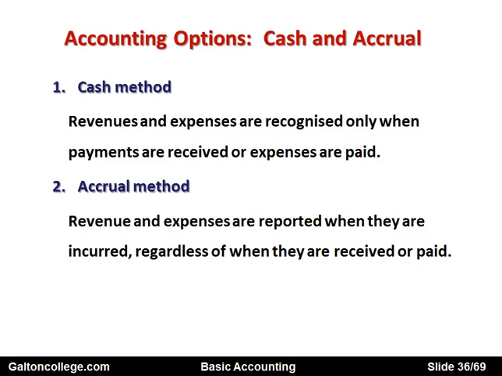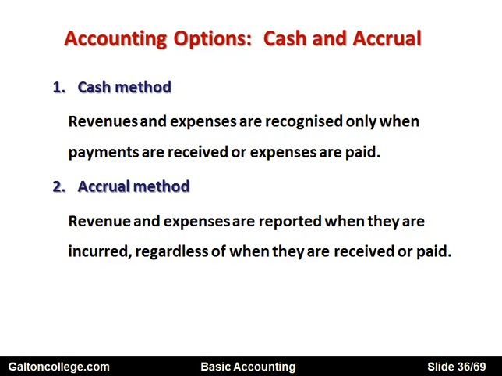So the accrual method is in contrast to the cash method. The cash method is as soon as money arrives or money leaves, the accounts are adjusted. The accrual method, as soon as we have an obligation to pay, we have bought something, we still haven't paid for it, perhaps we bought it on credit. So we bought some raw materials on credit, let's say we've got 30 days credit.